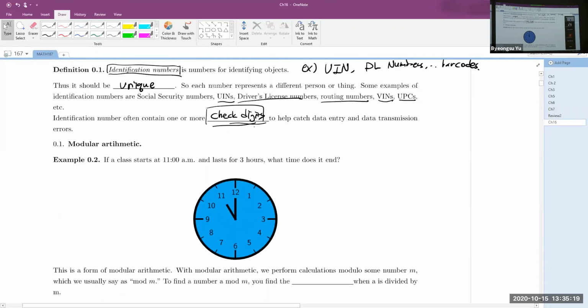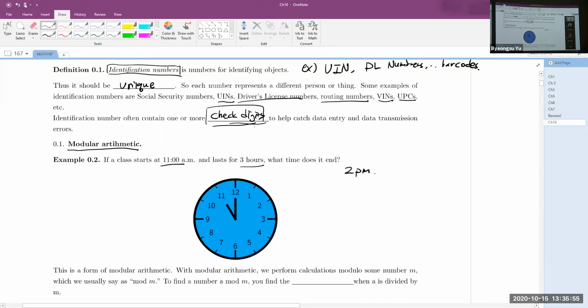Before dealing with identification numbers and check digits, what we need to know is some math called modular arithmetic. It is not difficult if you can read the time. For example, think about our class starting at 11 a.m. and lasting for 3 hours. Then what time is it at the end? 2 p.m., right?